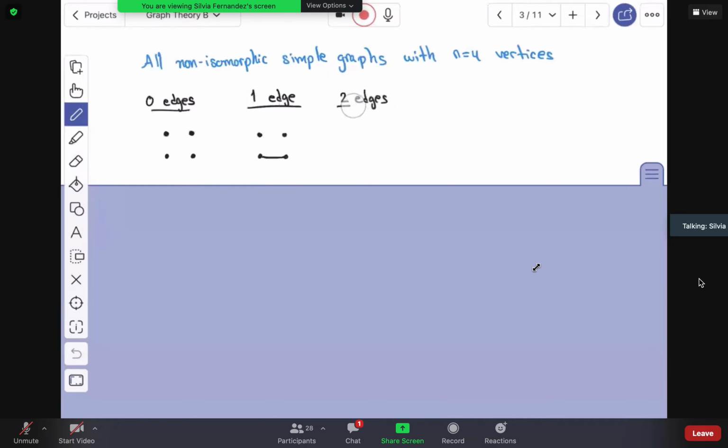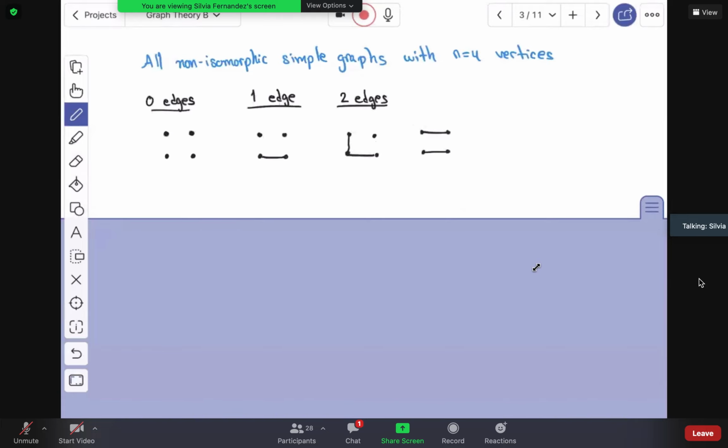With 2 edges, I actually can have two of them. I can have one where the edges are incident to the same vertex, so they share a vertex, and one where they don't.